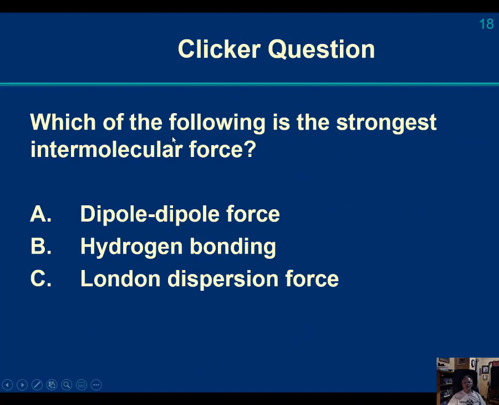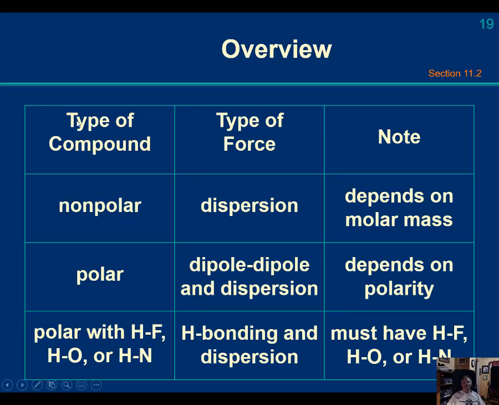So which of the following is the strongest intermolecular force? Hopefully that's not a big mystery here. This is going to be hydrogen bonding, and hopefully you know what arrangements permit hydrogen bonding to take place. Here's a quick overview for the type of compound.